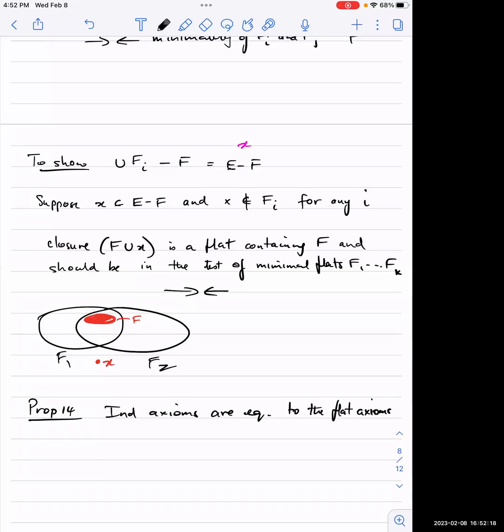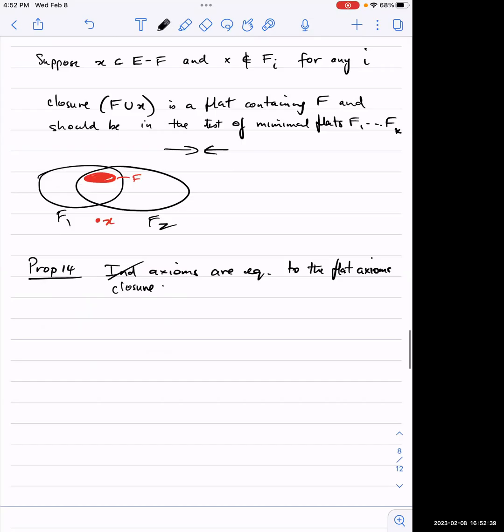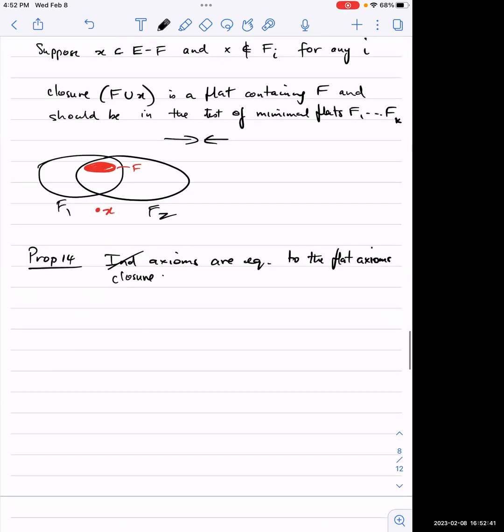I think in this case, the closure axioms are equivalent to the flat axioms, and then one direction is done. And the last thing is the hyperplane axioms. We will be using the flat axioms and the hyperplane axioms when we draw our lattices next time.